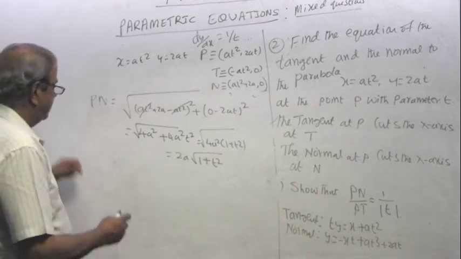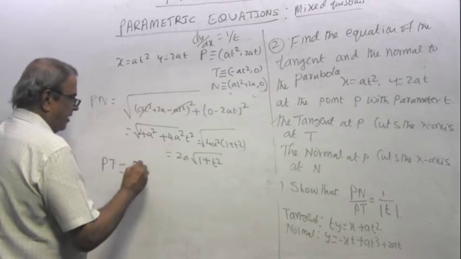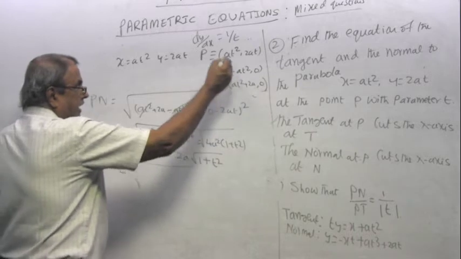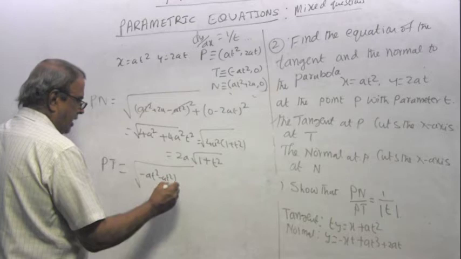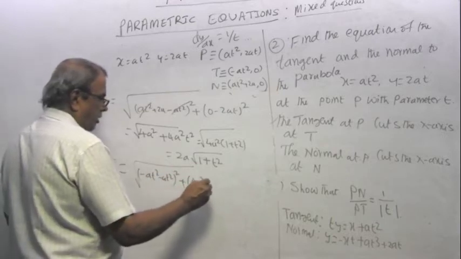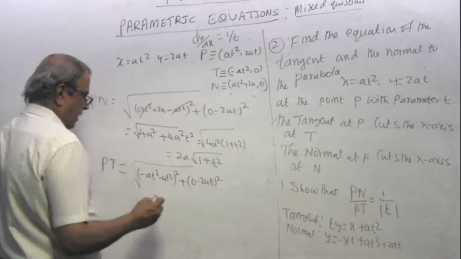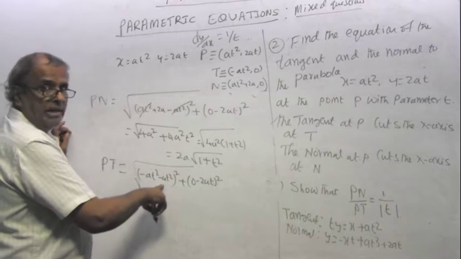Very good. Let's find the length PT. PT is the square root of minus 8a squared the whole squared, plus 0 minus 2at the whole squared.